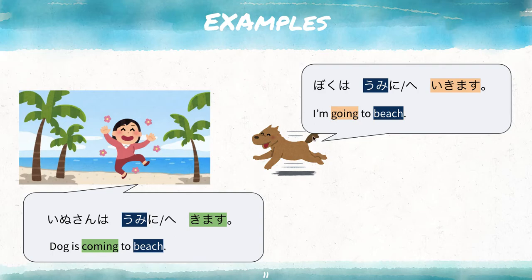Because this dog is heading to the beach, he would say, I'm going to the beach. But if she's waiting for the dog to come, she would say, oh, the dog's coming to the beach.